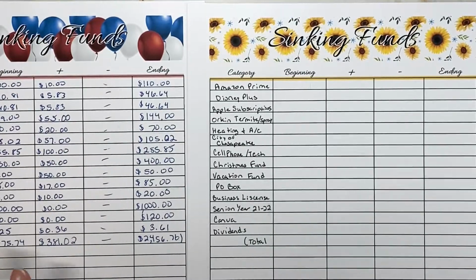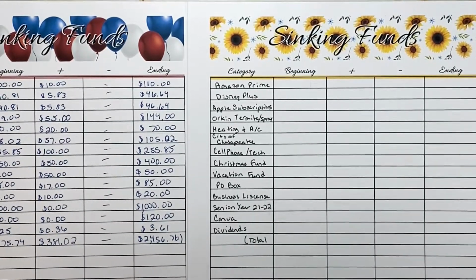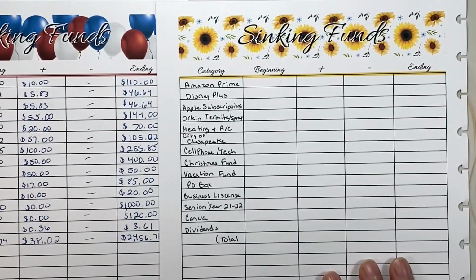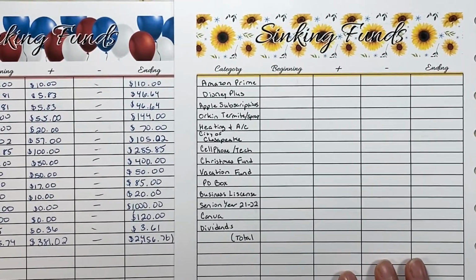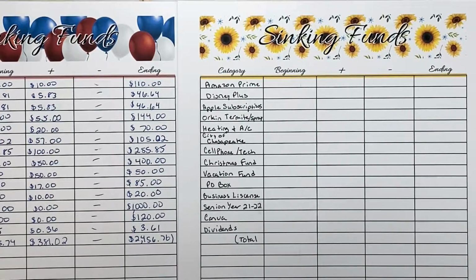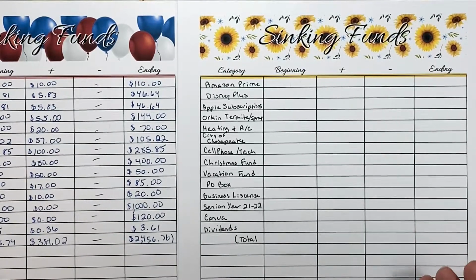If you're new to sinking funds, it's a very simple process of compartmentalizing your savings for specific needs. It's an easy way of putting a little bit of money aside every month or week or payday, whatever your system is, to cover expenses throughout the year. Typically, I use these only for annual or somewhat long-term expenses.